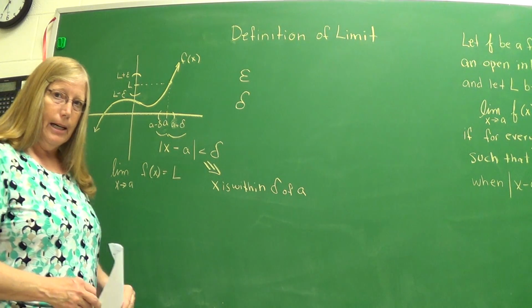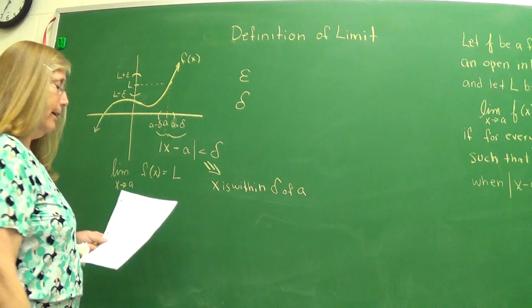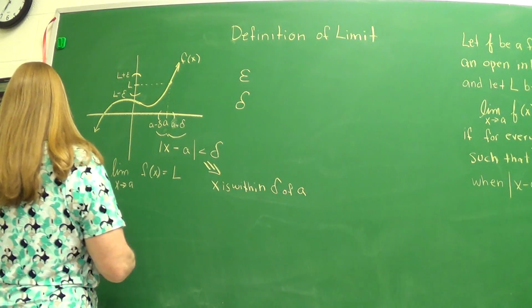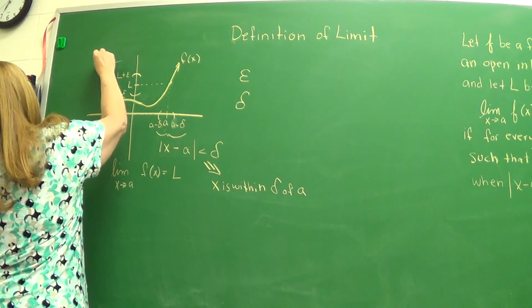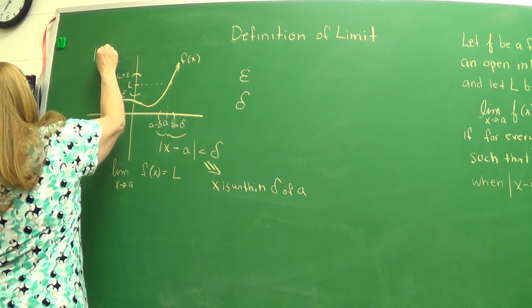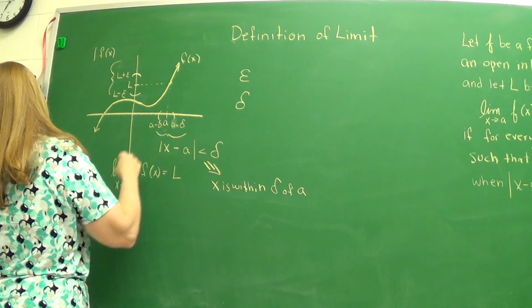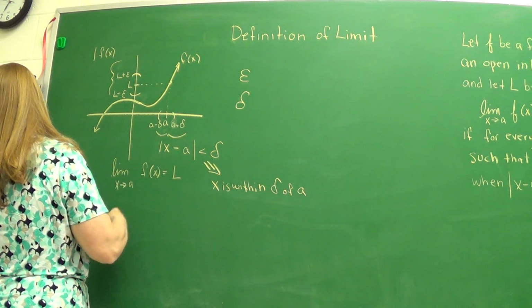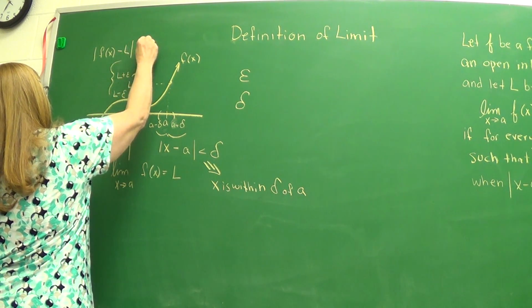All right, keep that in mind, and let's do the absolute value for the limit and epsilon up here. So another way to say that is the absolute value of the function, that's this value over here, f of x, which we read on the y-axis, f of x minus L is less than epsilon.